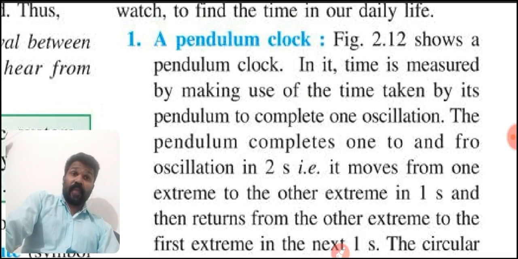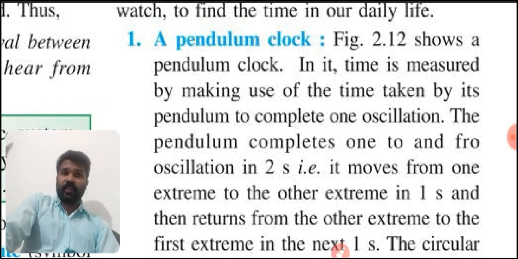In it, time is measured by making use of the time taken by its pendulum to complete one oscillation. One pendulum you can see in the diagram. According to the time taken by the pendulum to complete one oscillation, we calculate the time.